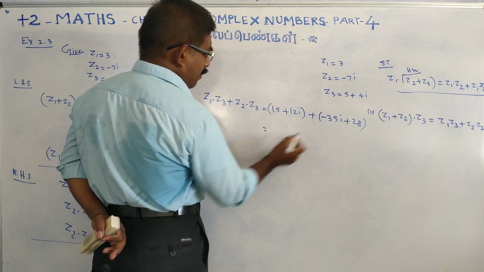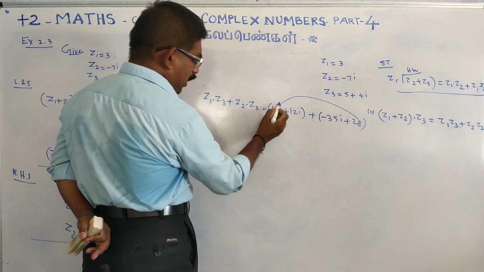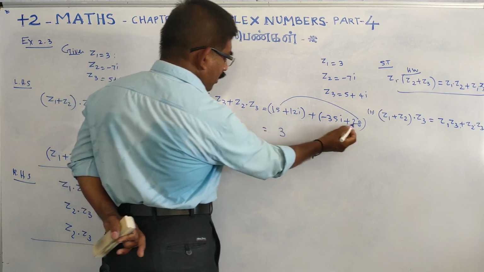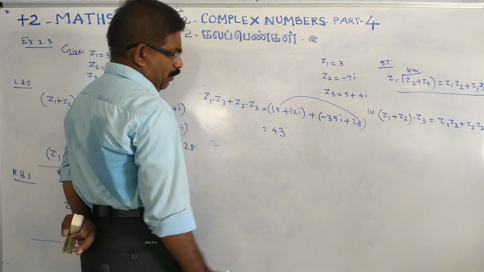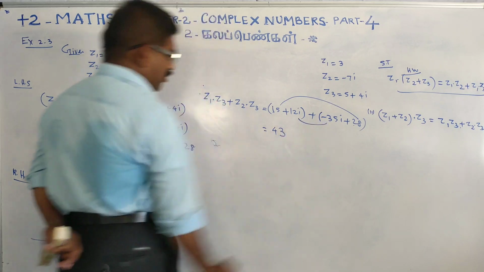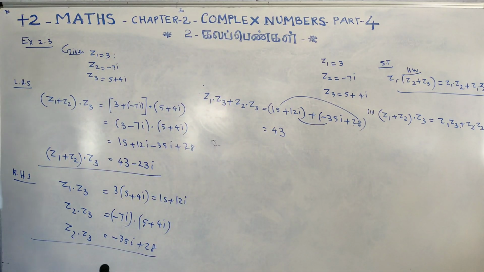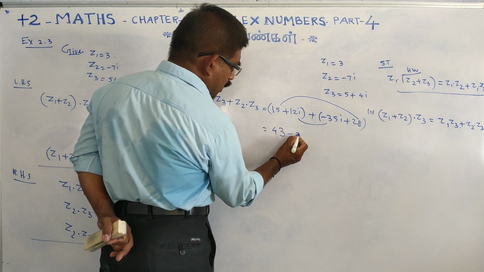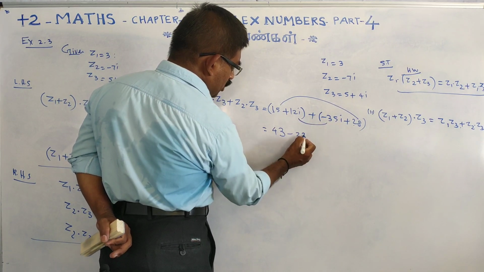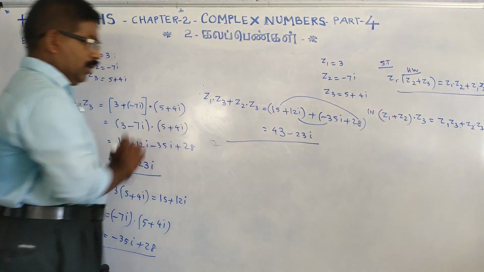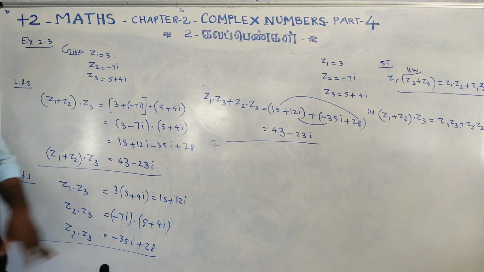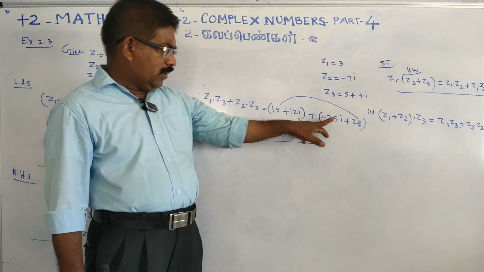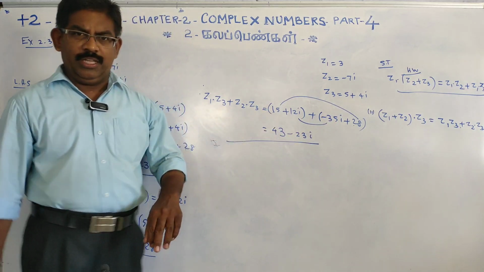First take the real numbers. 28 plus 15 is 43. That is real part. This is imaginary part. Minus 35 minus 12 is minus 23i. Okay, 43 minus 23i.